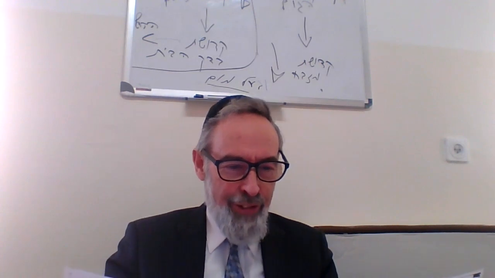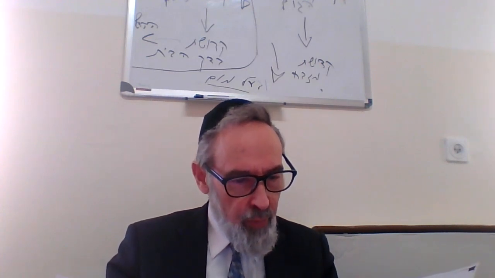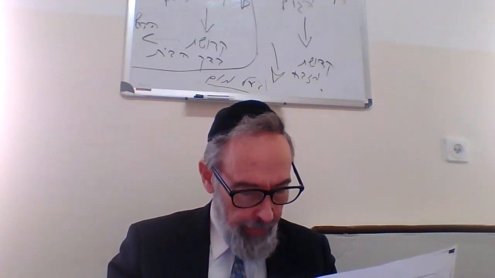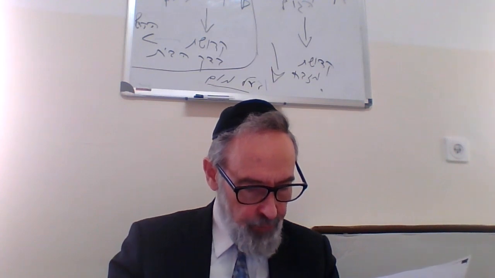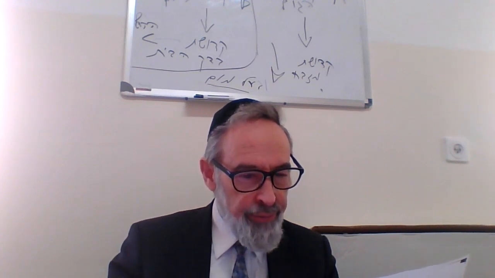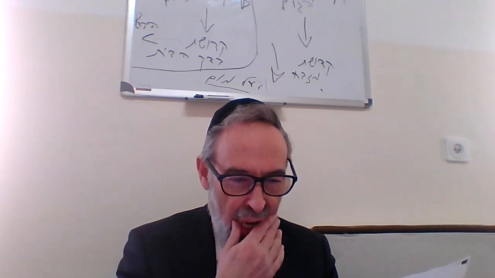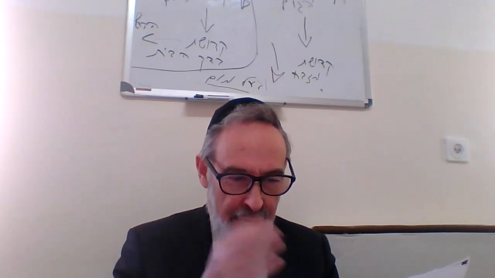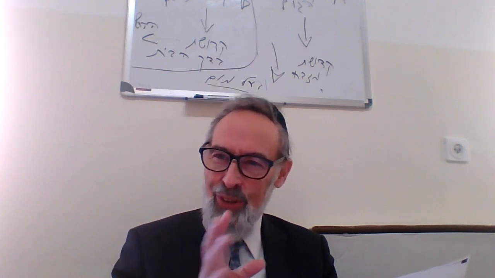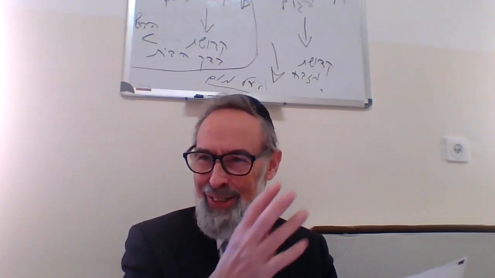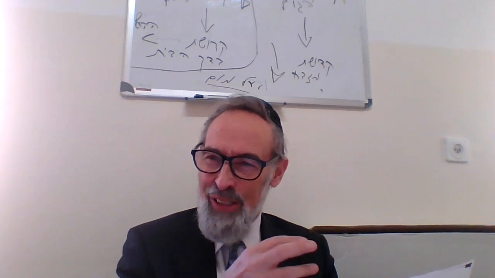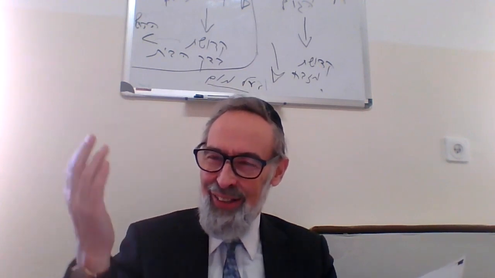All right, binyan av. Is that what we're up to? Yeah, everything here is conceptual. I mean, there's no psychology whatsoever. You know, in the other Masechtas in Shas, there's so much psychology.